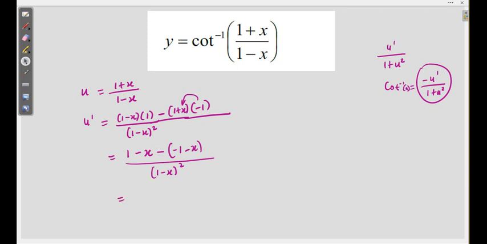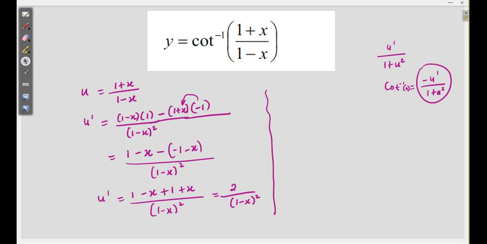Then we have 1 minus x plus 1 plus x, all divided by 1 minus x all squared. So this means the derivative of u, this would cancel that, right? And then we're left with 1 plus 1, which is 2 all over 1 minus x all squared. Right, this is the derivative of u.